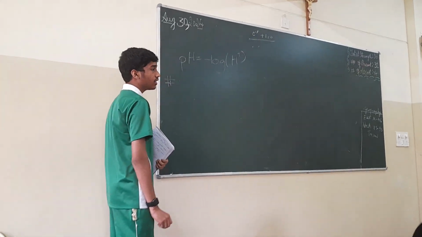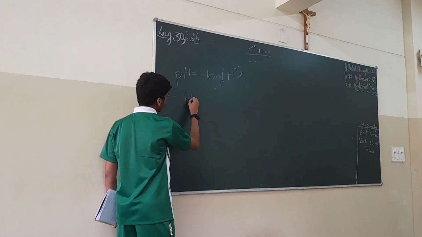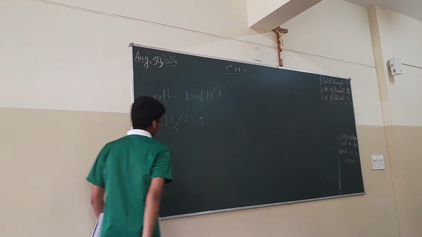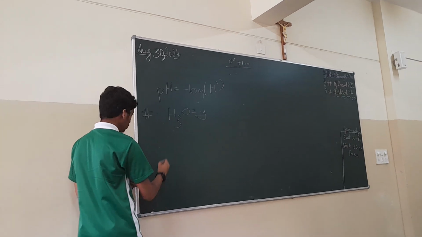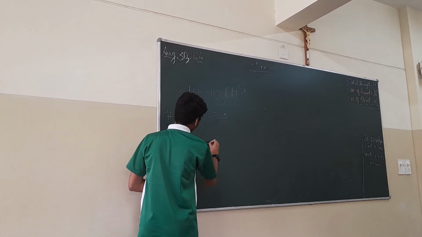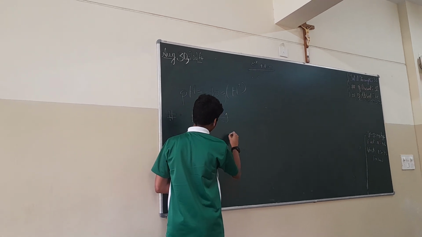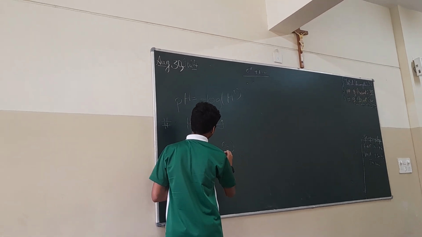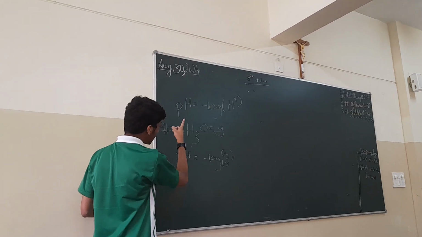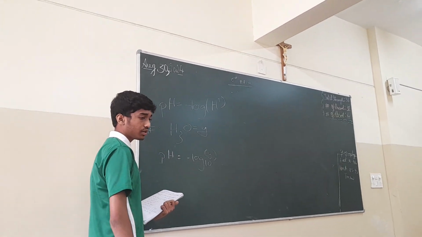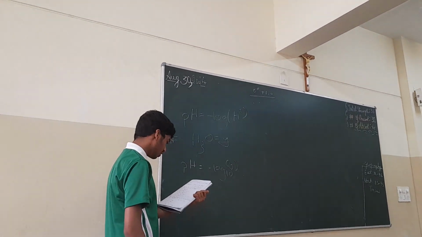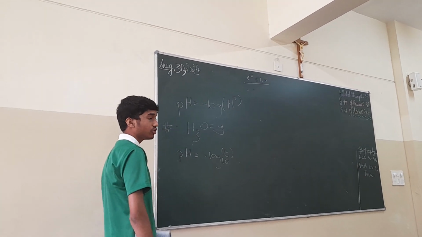What is the hydrogen content? That is H3O. Let it be y. So what is the formula for pH level? pH is equal to negative log y to the base 10. The pH level is 2.8, and we have to find the number of hydrogen ions in it.